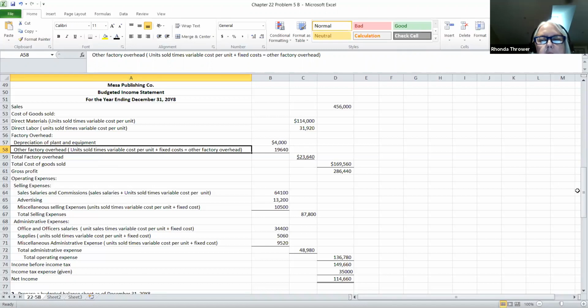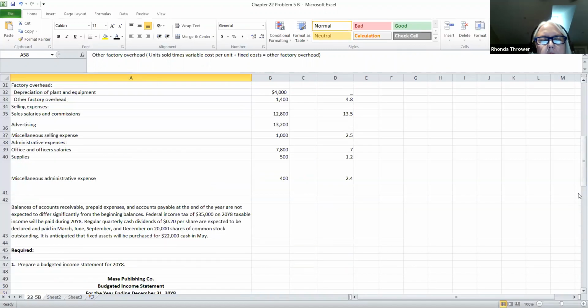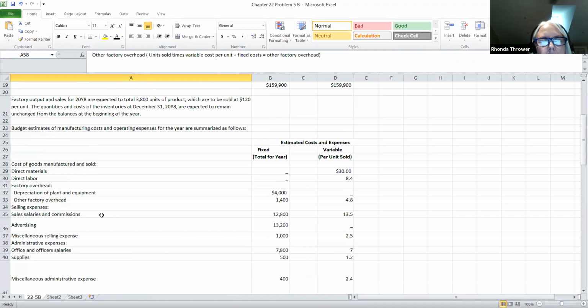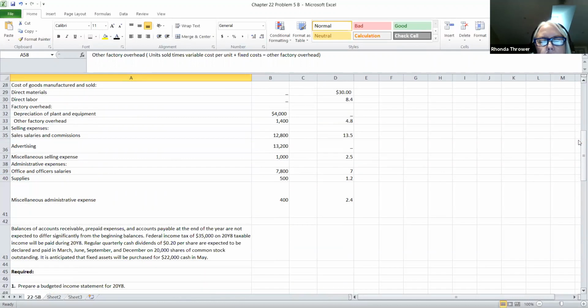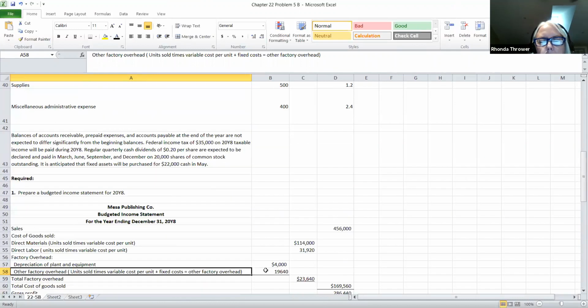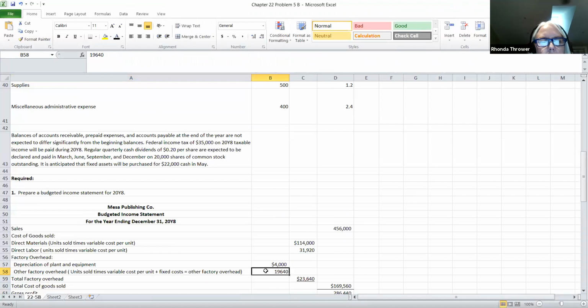We would multiply it by the variable cost per unit for the other factory overhead, and that variable cost per unit was $4.80. So 3,800 times $4.80 plus the fixed portion of 1,400 will give you the amount of 19,640.